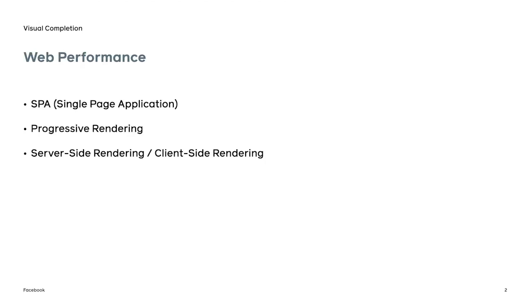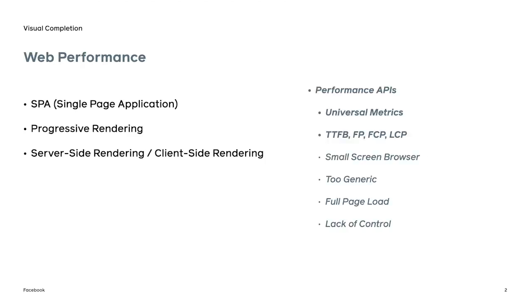Based on different implementations, some websites are using server-side rendering and some are using client-side rendering. So it turns out web performance measurement has become very challenging and complicated. There are many different ways to measure web performance based on different definitions of metrics.